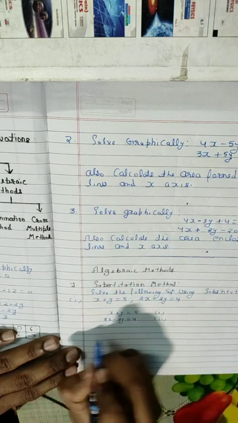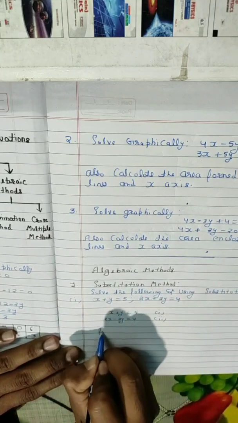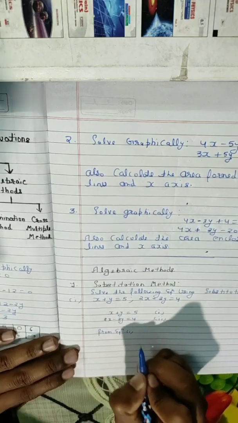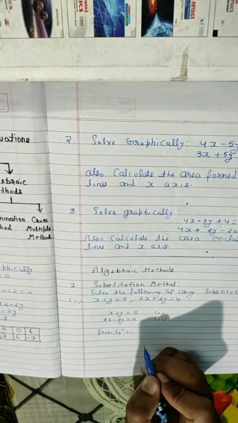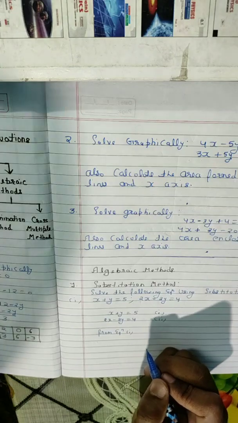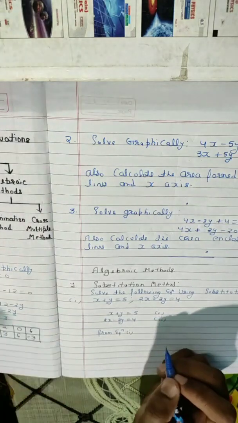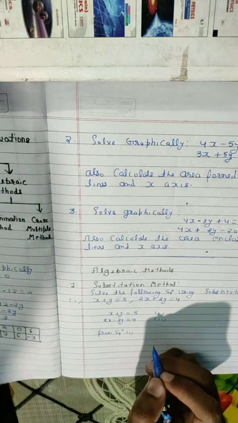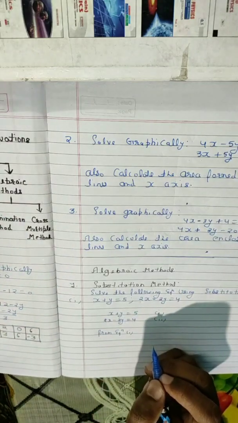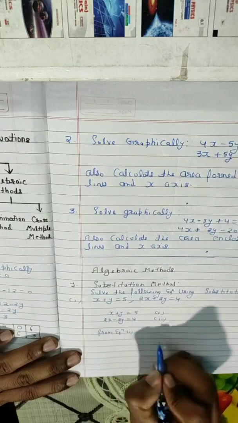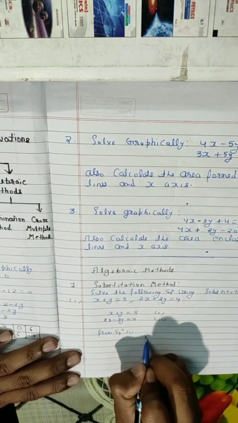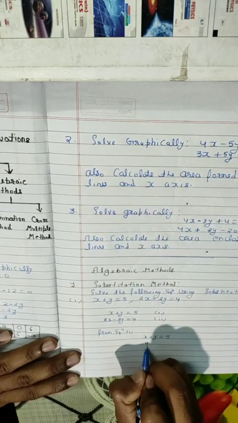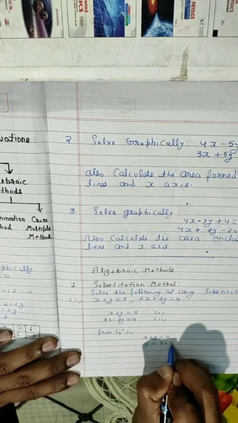Let us use equation number 1. Now we will express one variable in terms of the other. Either I can express y in terms of x, or x in terms of y. From equation number 1, x plus y is equal to 5, so I can easily write the value of y is 5 minus x.